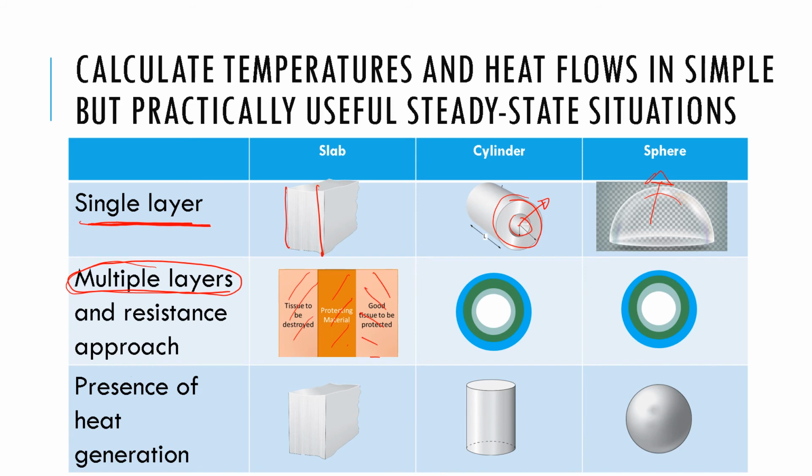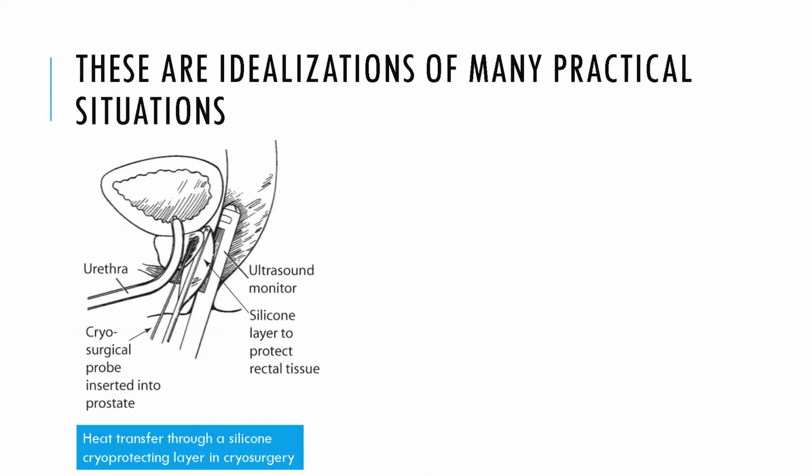And then finally we're going to do the presence of heat generation. And notice that all these three we will do in 3 different coordinate systems. Okay, we're not going to do all the situations, so we'll do some of them and we will not do others that I expect you to complete.